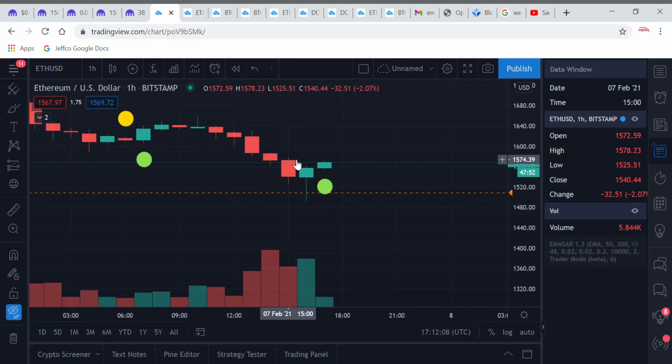This one is red because it opened up here. So maybe people were like, maybe it's going to go up right now. Instead, by the end of this hour, because we're in the hour chart, it closed down here. Even though it went all the way down here, came back up a little bit, closed below the open. Opened up here, closed down here. That's downward movement. That is confirmed downward movement.